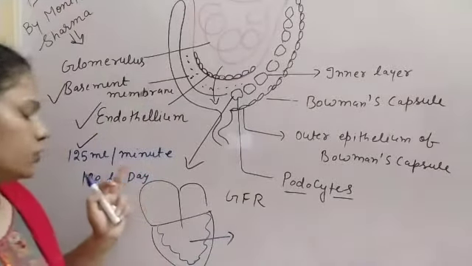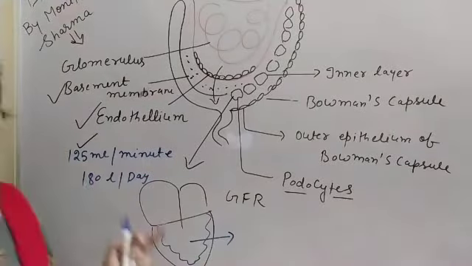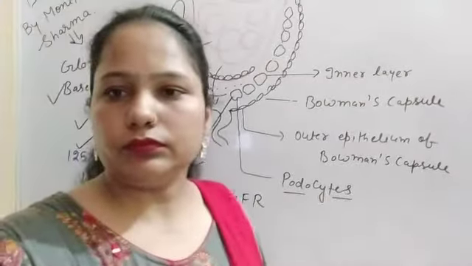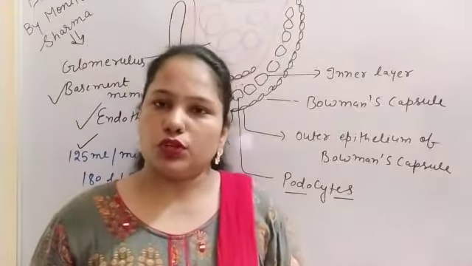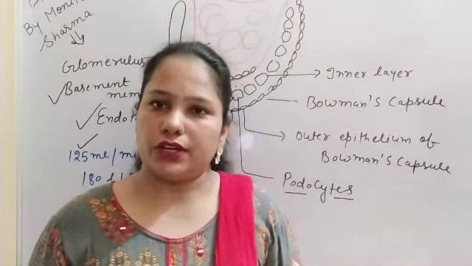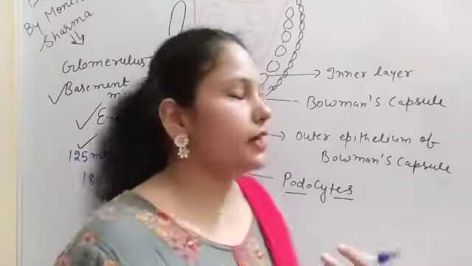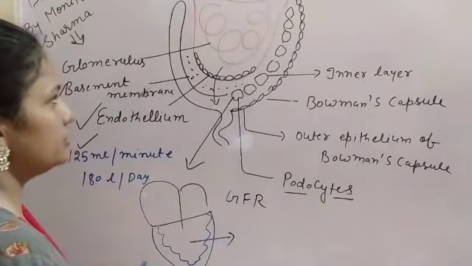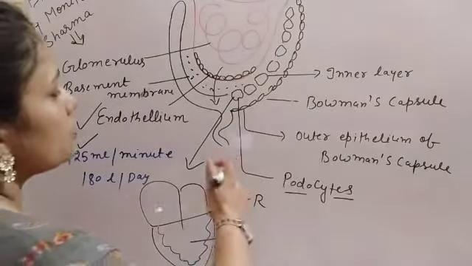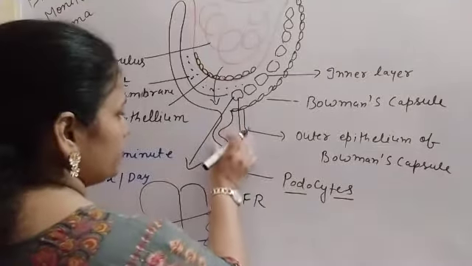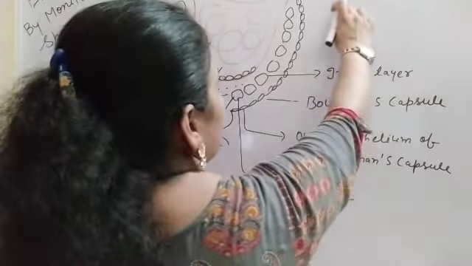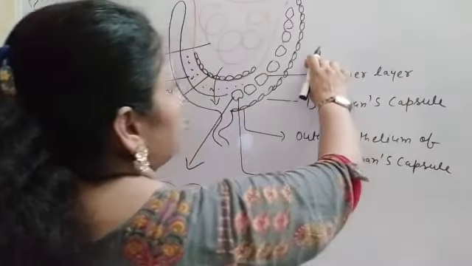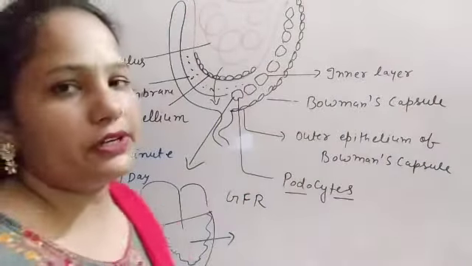I think you understood what GFR is. The kidney has different mechanisms to control the glomerular filtration rate. An internal mechanism is present at the distal convoluted tubule. First is the proximal tubule, then the loop of Henle, and then the distal convoluted tubule and the afferent arteriole.